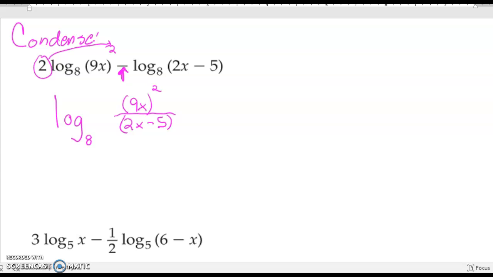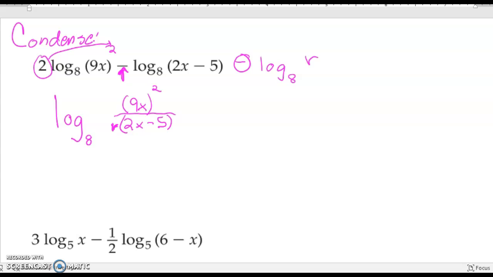Anything that's multiplying goes to the numerator. So if I were subtracting again, like say I was subtracting log base 8 of r, the r would go in the bottom and be multiplied times the 2x minus 5. Anything that is being subtracted drops down to the bottom.